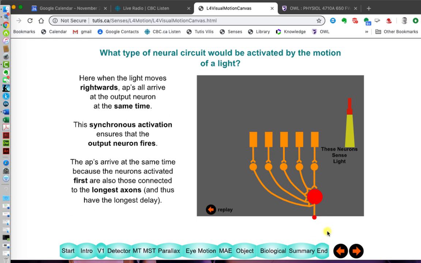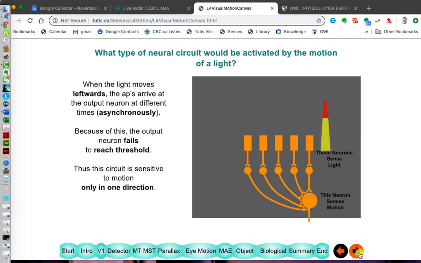It's also sensing motion in this direction and this particular speed, because only this direction and this particular speed will cause all these action potentials to arrive at this neuron at the same time. Here you can see the light going in the opposite direction, and you can see all these action potentials arriving at different times, and because of that, the neuron doesn't fire, and this motion sensing neuron isn't activated, and there's no sense of motion.